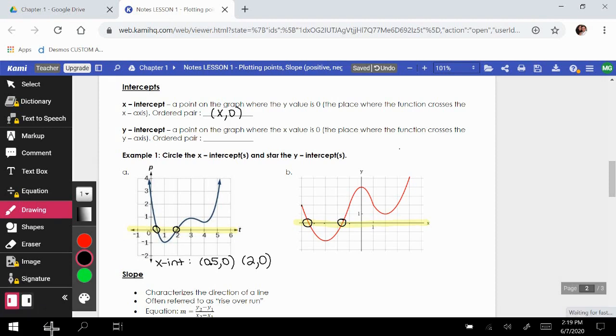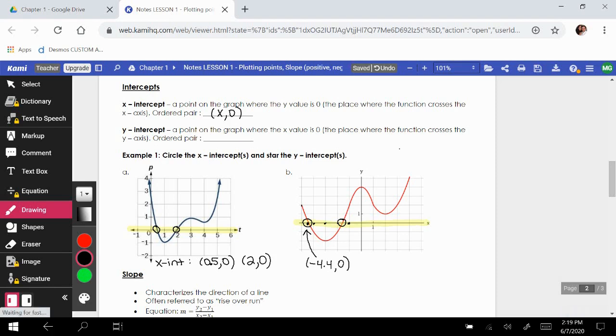For the first one, it looks like we're going to the left 1, 2, 3, 4. I don't know. It's not quite to 4.5. I might say that that's negative 4.4, and then not going up or down at all.